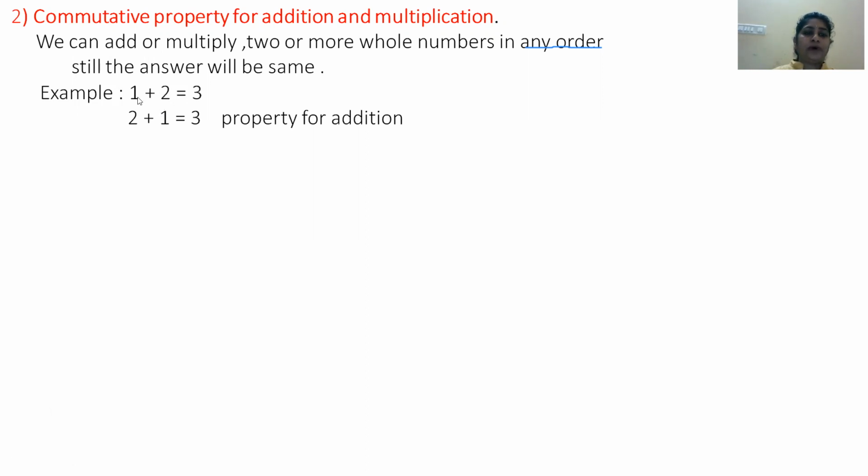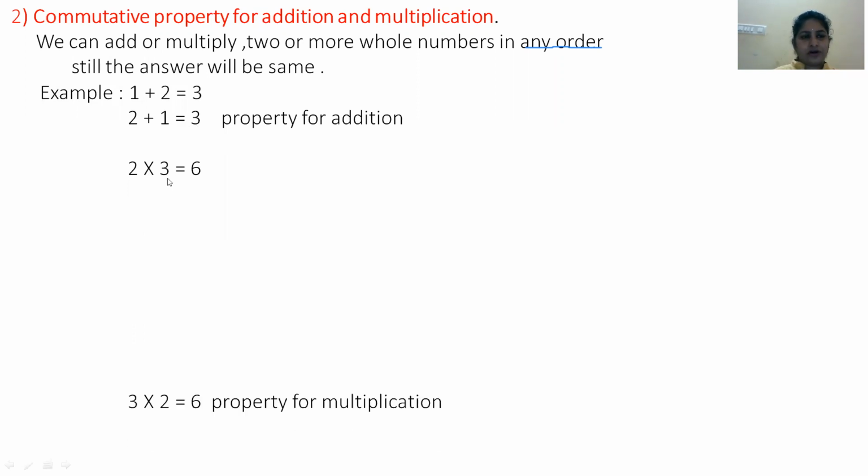Instead of writing 1 here, I wrote 2. Instead of writing 2 here, I wrote 1. I just changed the order. 2 plus 1 equal to 3. Even though I changed the order, the answer is 3. So this is the property for addition. Now we shall see for multiplication. 2 into 3 is equal to 6.